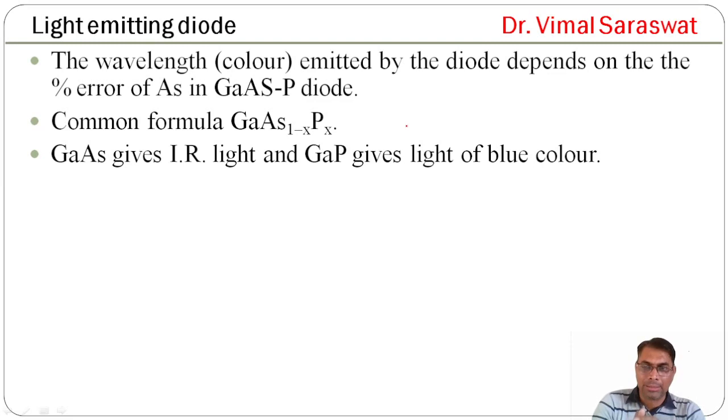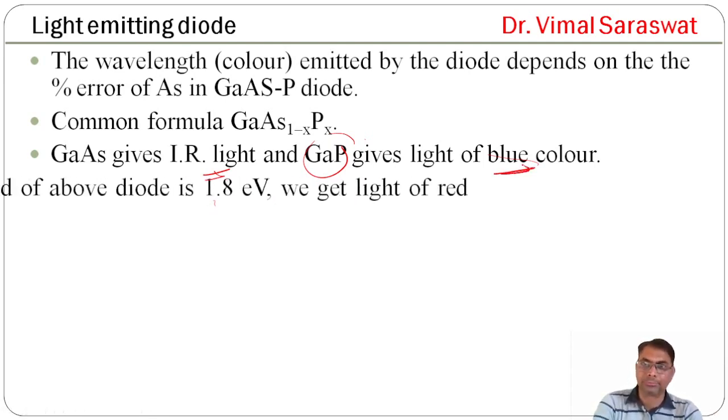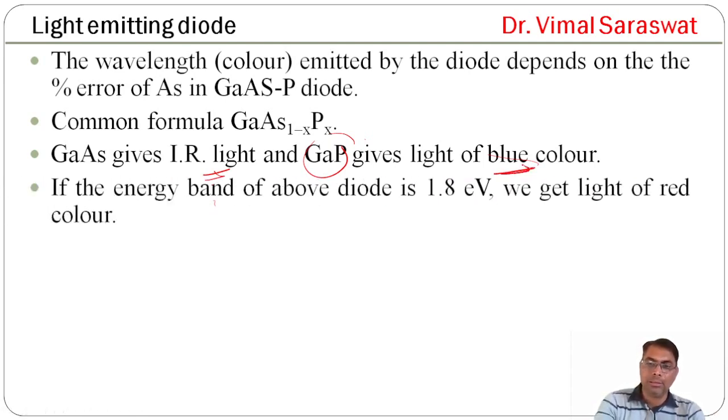Gallium arsenide gives infrared light and gallium phosphide gives light of blue color. If the energy band of the above diode is 1.8 electron volt, then we get light of red color.